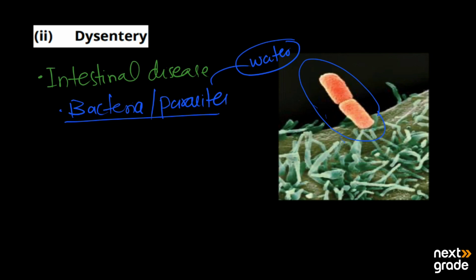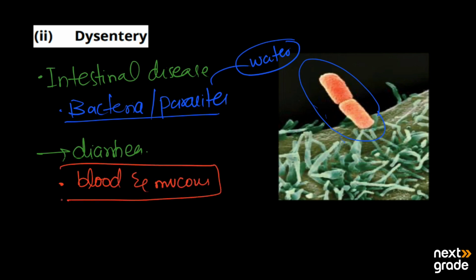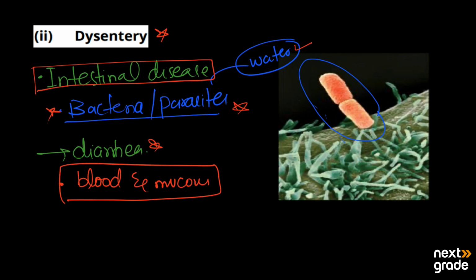So it is mainly characterized by severe diarrhea. It is also a type of diarrhea, but a severe type, which may be accompanied by the release of blood and also mucus. So it is a more severe type of diarrhea which is known as dysentery, related to intestinal diseases and caused by polluted water. That water may contain bacteria as well as parasites.